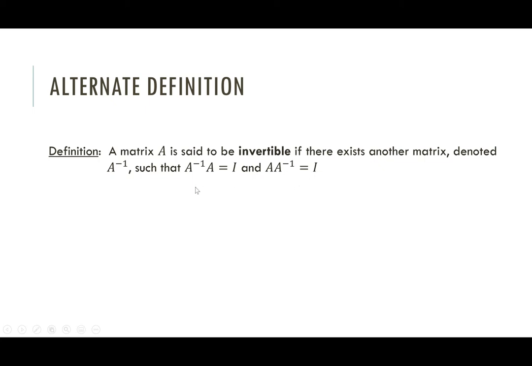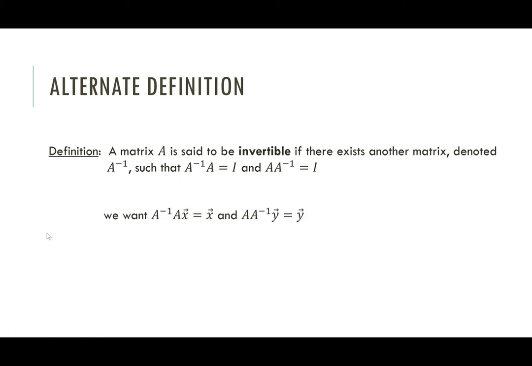So if you have a matrix where some other matrix, multiplying on both the left and the right, gives you the identity, then your matrix is invertible. And this matrix, this A to the -1, is called the inverse matrix.